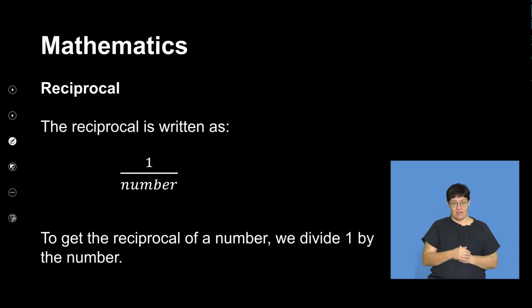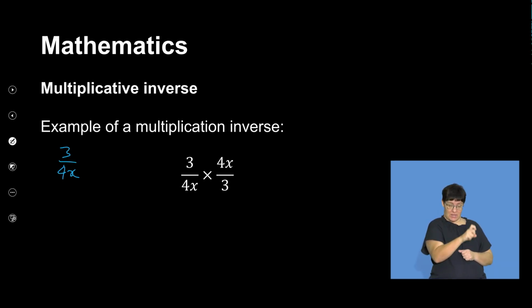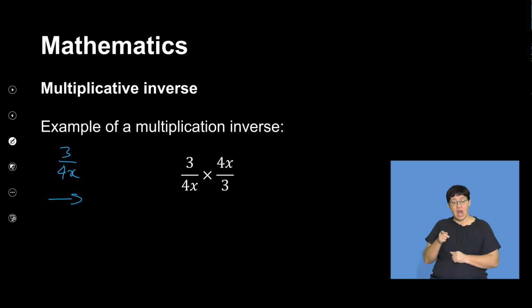So going back to the question that I just did, I said the multiplicative inverse is 4x over 3. Let me show you how we got that. So my number is 3 over 4x, right? And I said for you to get the reciprocal, you must say 1 divided by the number. So it will be 1 over 3 over 4x.